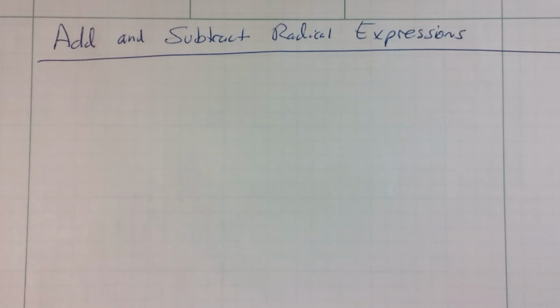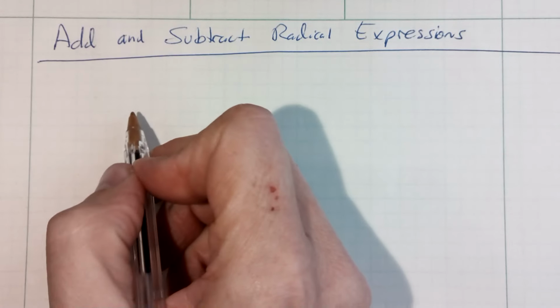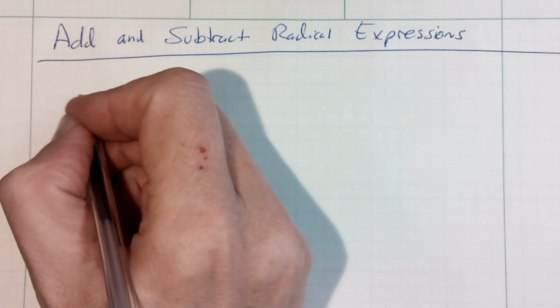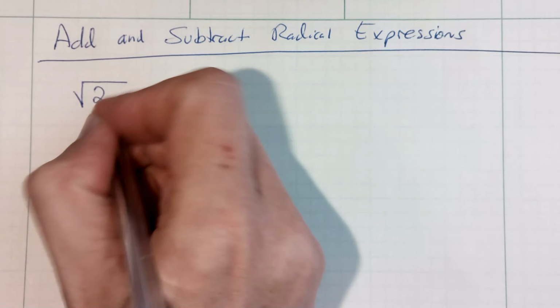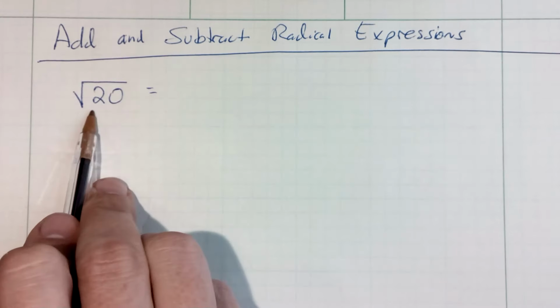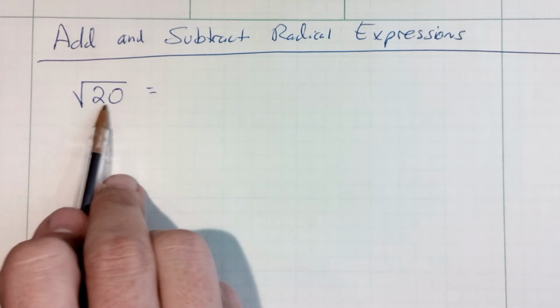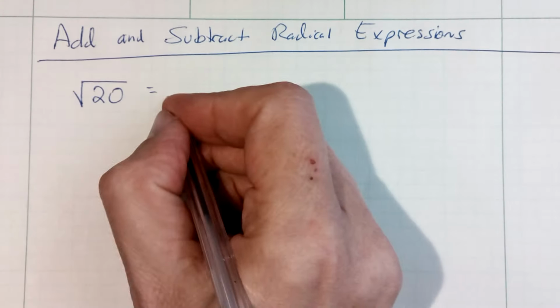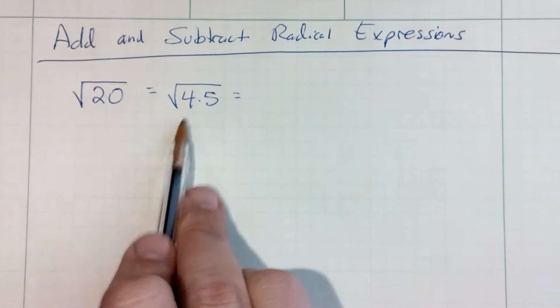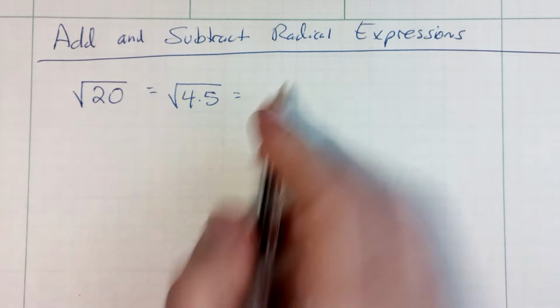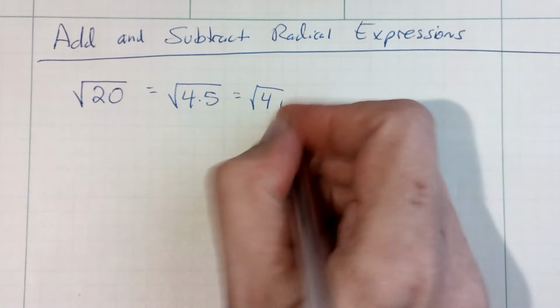In this lesson, we're going to learn how to simplify radical expressions even more by being able to add and subtract as well as just reduce them. And what I mean by that basically is this. In the last lesson we learned, hopefully you remember, that we can reduce things like the square root of 20 by factoring or breaking up 20 into its factors and finding ones that are perfect squares, right? 4 times 5 is 20, but I know what the square root of 4 is because it's a perfect square.